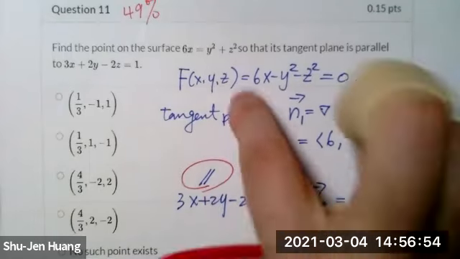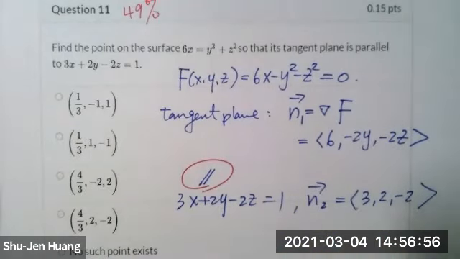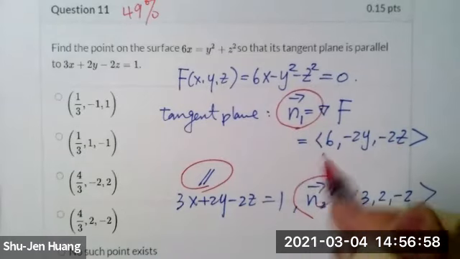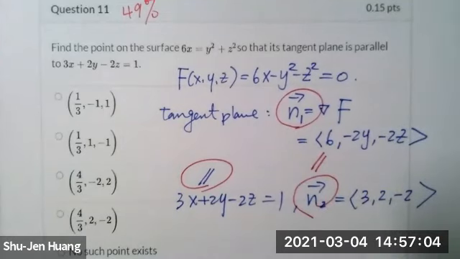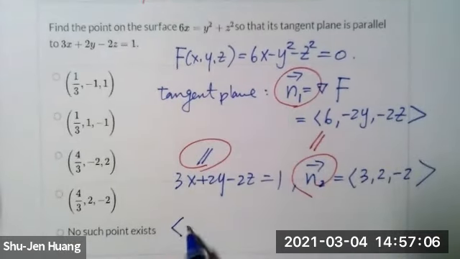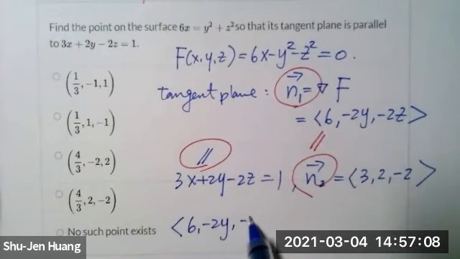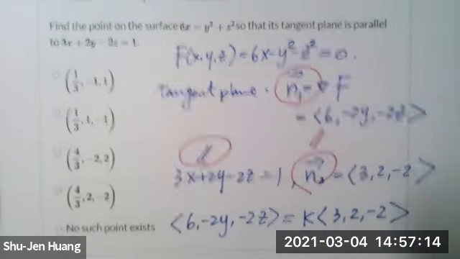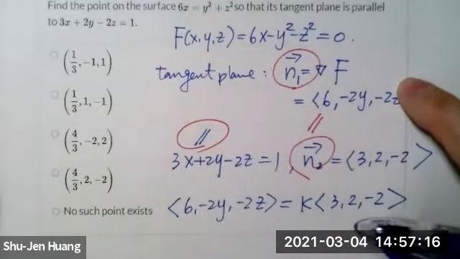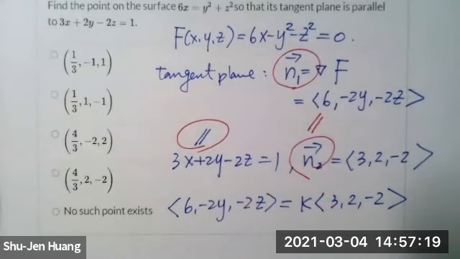If these two planes are parallel, then the normal vectors are also parallel, right? So that means we can write one vector as a constant scalar multiple of the other one. Agree? We can write one normal vector as a scalar multiple of the other one.